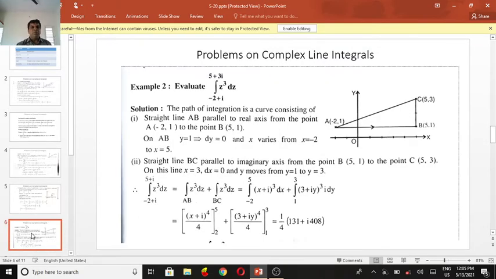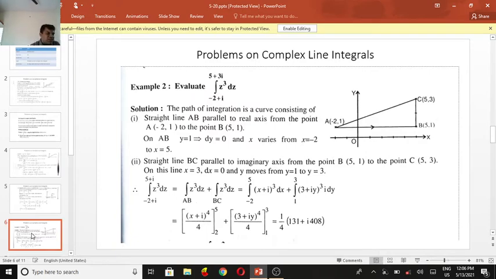So again we come to the second problem. Evaluate the integral from minus 2 plus i to 5 plus 3i of z cube dz. See, first make the path. The path of integration curve consists of the following.